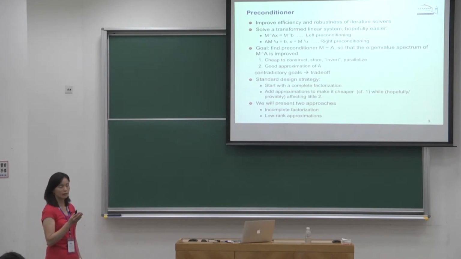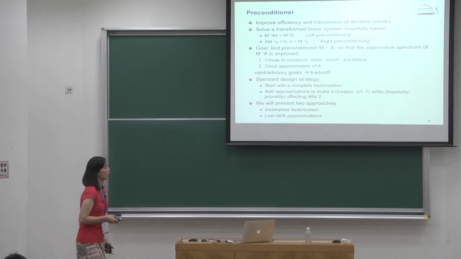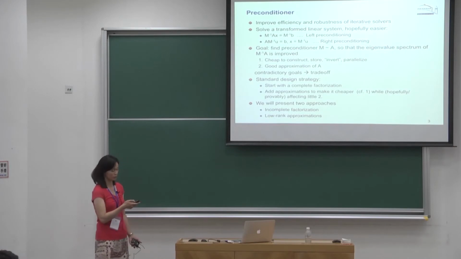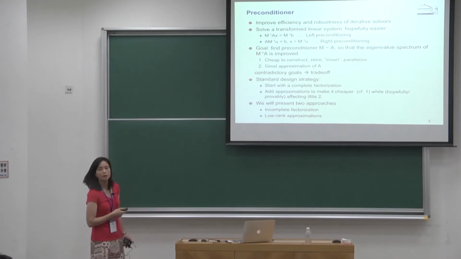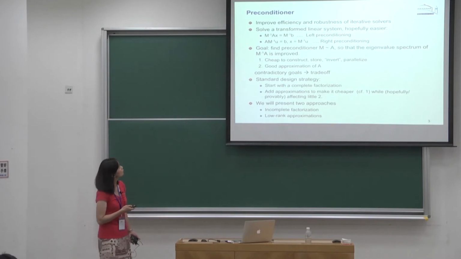That means we leave out, or drop, some of the elements which are not significant from a numerical point of view. And then we solve the linear system. Instead of solving the original Ax = b, we either use left preconditioning, with this transformed linear system, or right preconditioning, with another transformed linear system. So there are two different ways of doing preconditioning.